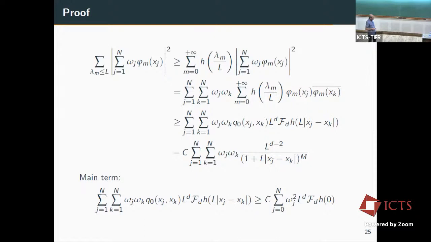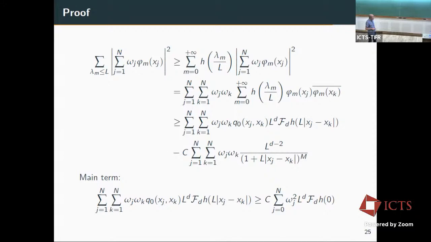Because of the identity of the expansion that we had before, this is just equal to this first Euclidean term here, and then I have a remainder, and because everything is positive, I can say that this is bigger than the first part minus C times this remainder here. So this is the principal part. Of course, if I was able to show that there exists a positive kernel, I wouldn't have this remainder, and this would be a very simple proof. It would be finished here.